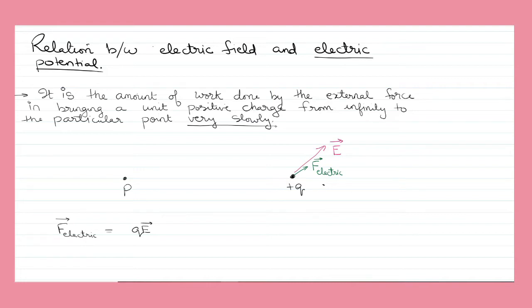So we have to apply an external force in the opposite direction of the electric force. So it means that the external force which we have to apply is equal to minus the electric force, which means that the external force is minus qE.